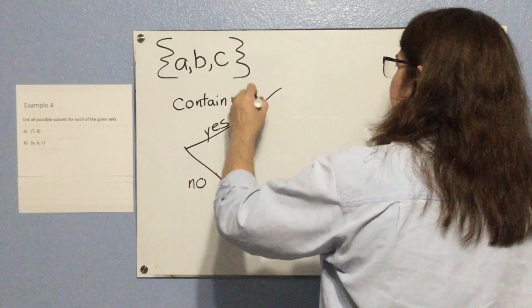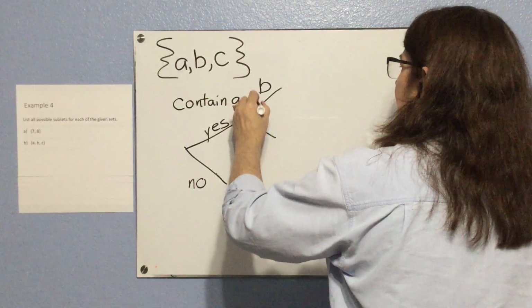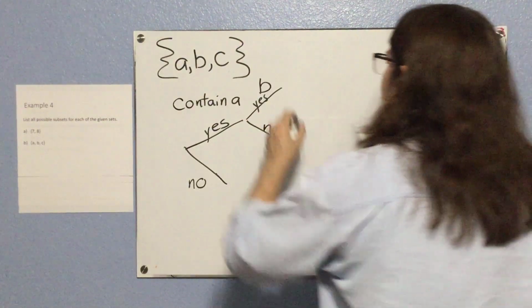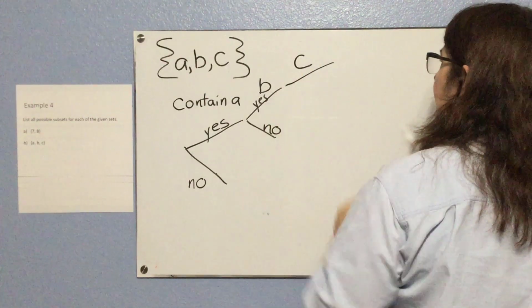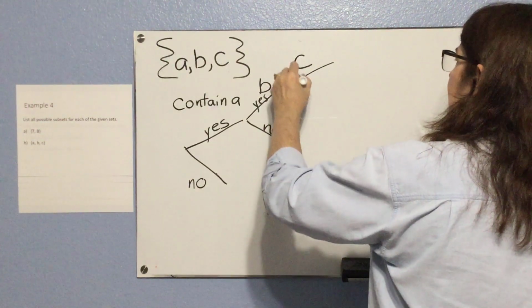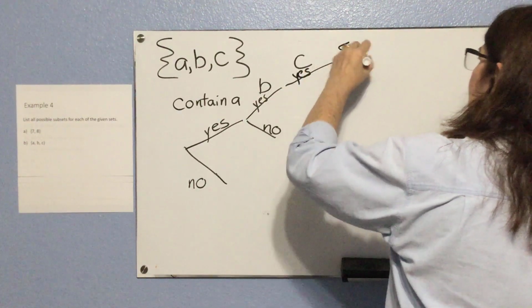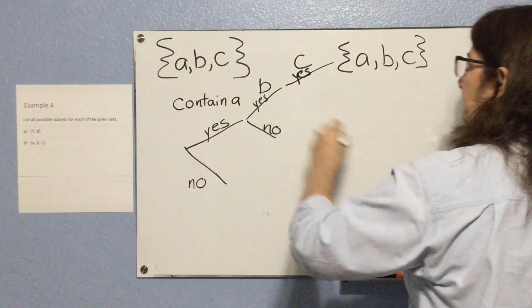Then we're going to ask, does it contain B? And this would be yes or no. And then, of course, our third question is, does it contain C? If we've answered yes to all 3 questions, then it's A, B, and C.